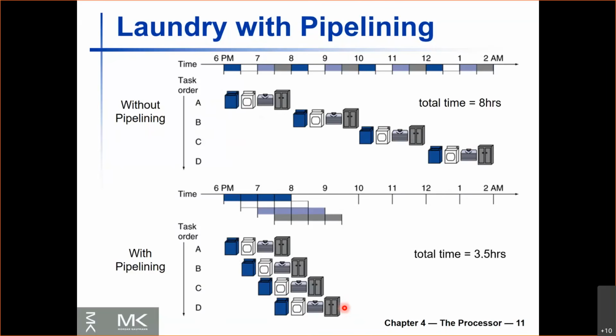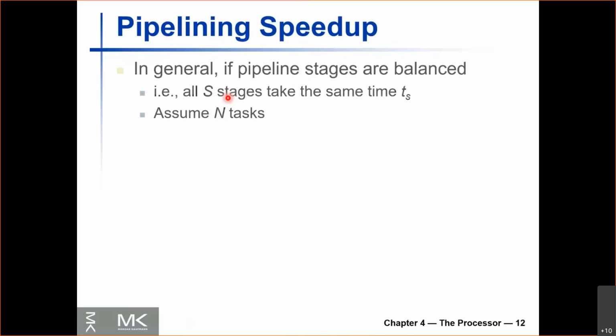So let's take a look at how we can use pipelining in computer architecture. Actually, before that, I'd like to briefly comment on pipelining in general. So in general, if my pipeline stages are balanced, which means all the different stages in my pipeline take the same amount of time, which was the case in the laundry example, then if I have S stages to my task, and each stage takes the same amount of time, we will call that TS.